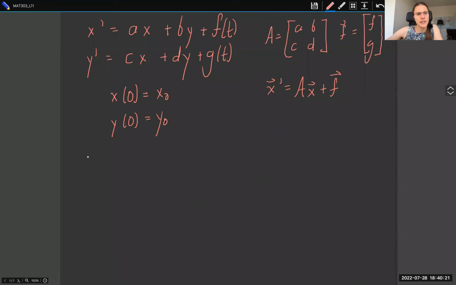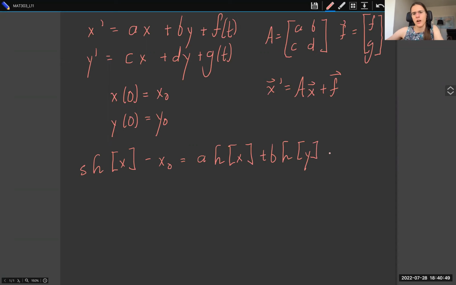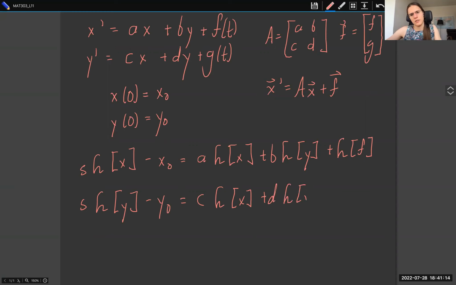Then what we get is s times the Laplace transform of x minus x naught is equal to a times the Laplace transform of x plus b times the Laplace transform of y plus the Laplace transform of f, and s times the Laplace transform of y minus y naught is equal to c times the Laplace transform of x plus d times the Laplace transform of y plus the Laplace transform of g.